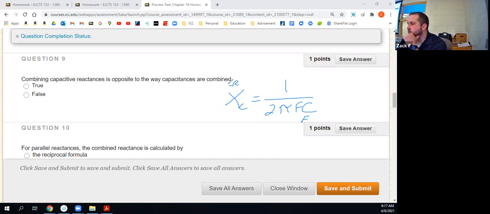So if we were adding two ohmic values, like a resistor, in series, these just add, right? Yeah. But if you had two capacitors in series, then we're doing that product over sum, right?